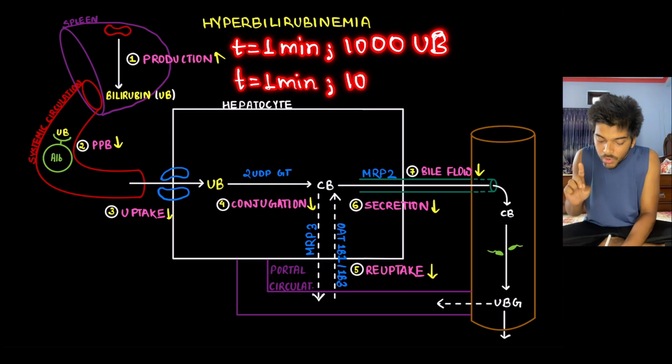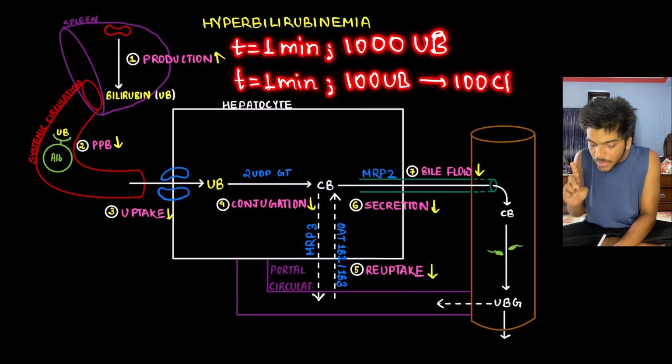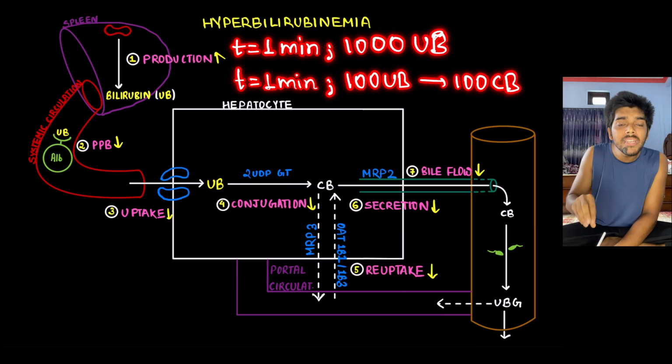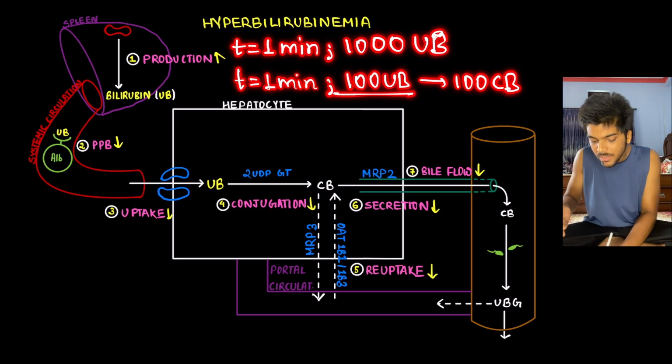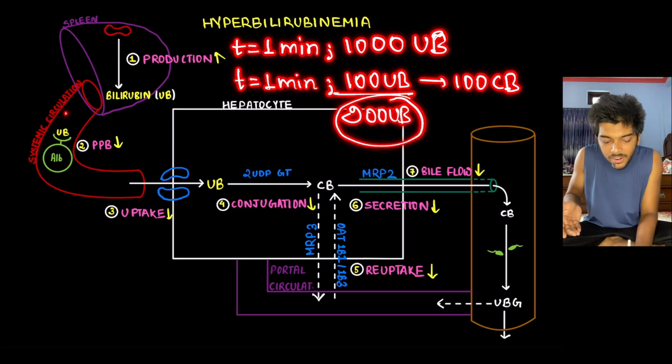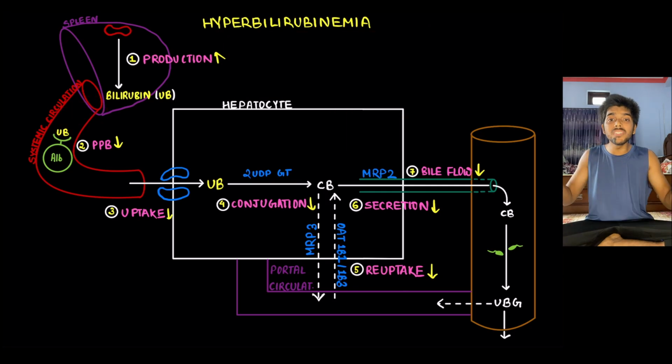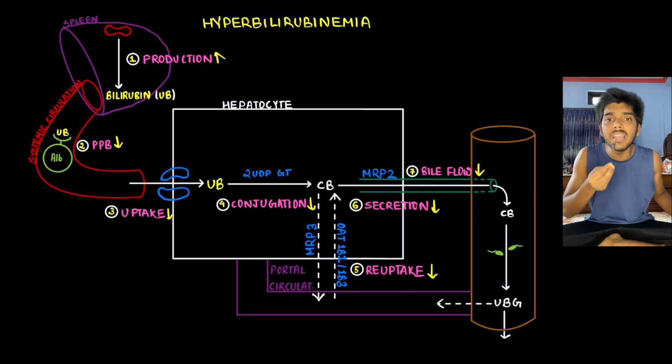It still conjugates 100 unconjugated bilirubin to 100 conjugated bilirubin. That means how many extra unconjugated bilirubin remains in the blood? Subtraction, brother. 1000 minus 100, 900. There is still extra 900 unconjugated bilirubin in your circulation. Too much unconjugated bilirubin, unconjugated hyperbilirubinemia.